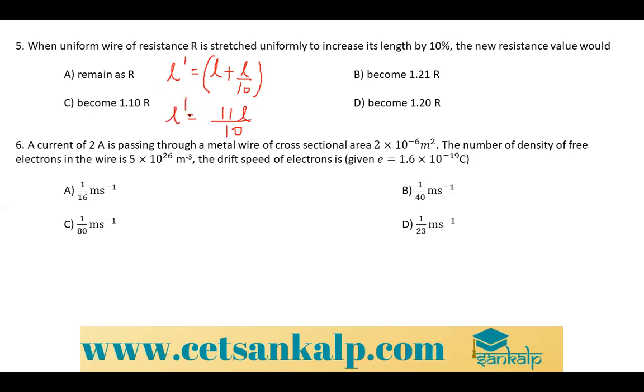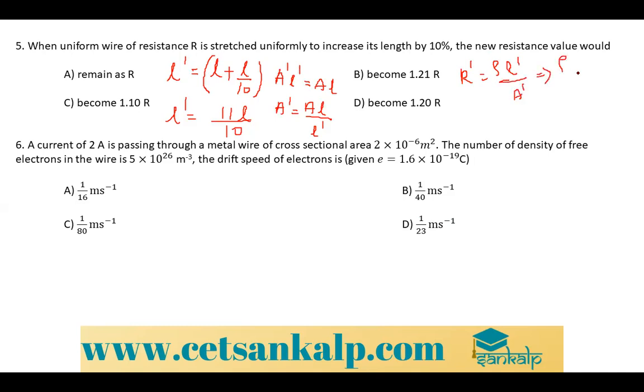Okay, fine. So your area of cross section, the volume will be the same, right? So the volume will be equal. So A dash is equal to AL divided by L dash. I hope you understood this. Okay, so now R dash is equal to rho L dash divided by A dash.